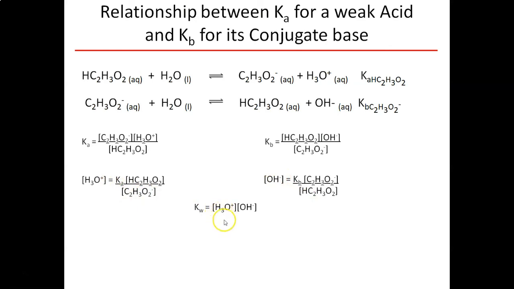So if I take these two, substitute this in now for my hydronium ion concentration, and this for my hydroxide, I can cancel. I get the Kw is equal to Ka times Kb. So the ionization constant for a weak acid times the ionization constant for its conjugate base is equal to Kw. This relationship will become very important.